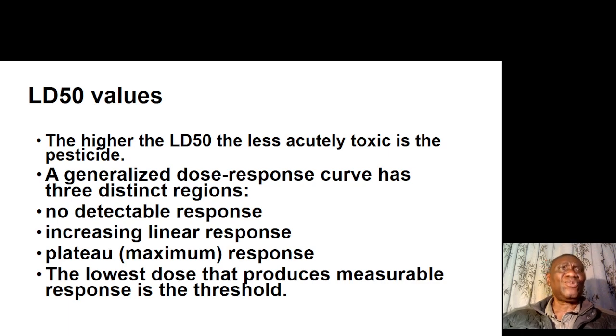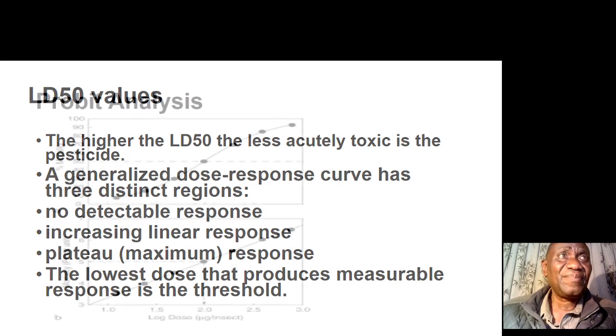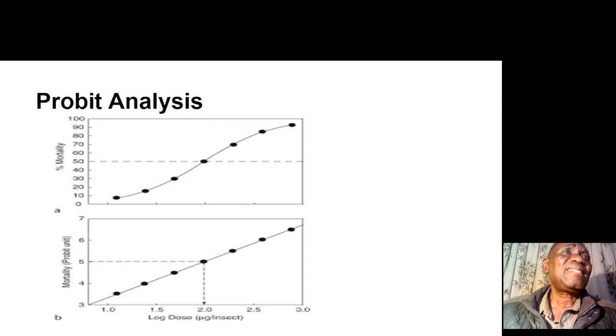And the plateau, the maximum response, that is where we get 100% death rate. The lowest dose that produces measurable response is known as our threshold. These are the type of graphs which are obtained by doing these evaluations.